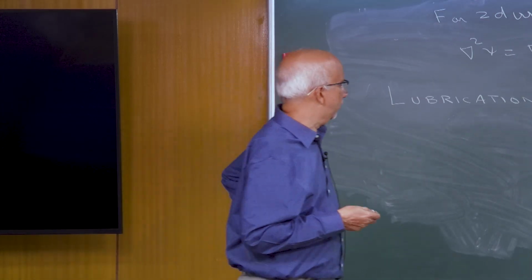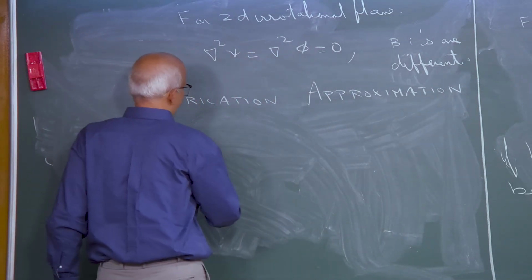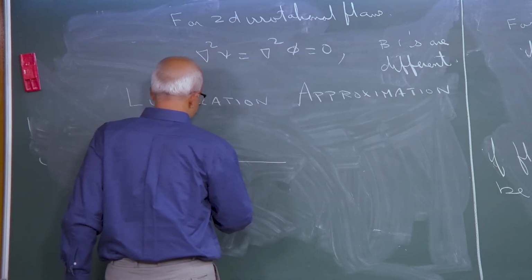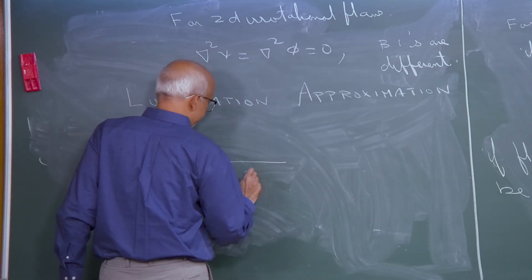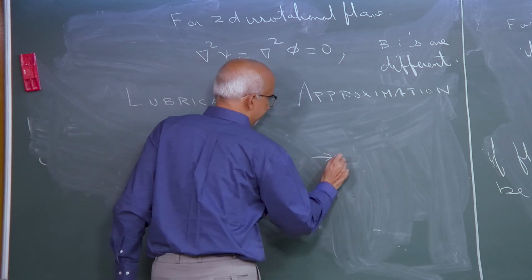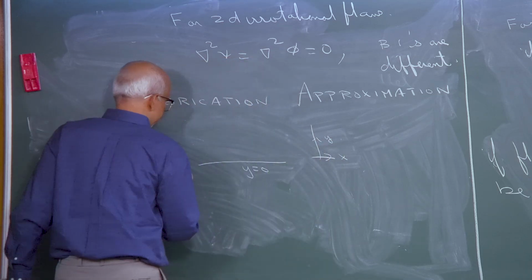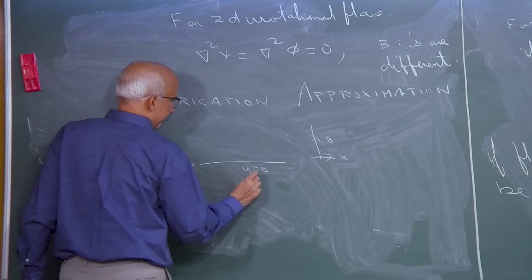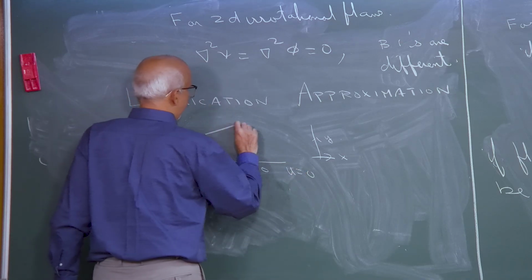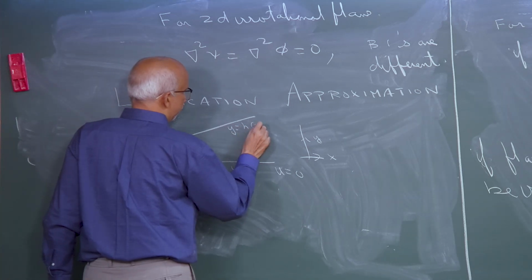So, that is what we are going to look at, and the usual problem is that of flow between, let us say this wall is stationary, y equals 0, this is the x direction, this is the y direction, and let us say u is equal to 0 here, and I have y equal to h of x.